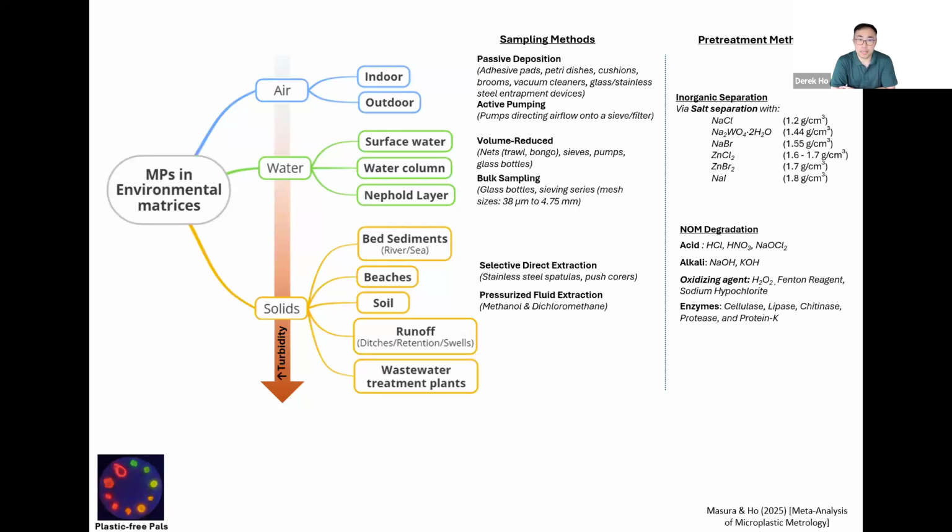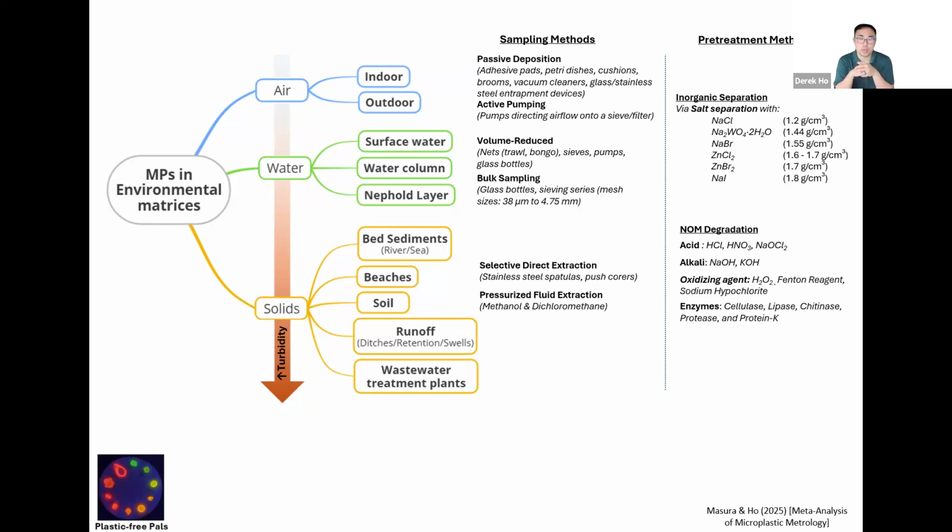For air sampling, we could either do it indoor or outdoor and get it through passive deposition, wiping it off surfaces, or through using active pumps, which suck air through a filter and collect it on a sieve. For water samples, we could either get the surface waters, explore microplastics in the water column, the depth, or the nepheloid layer, which is all the way at the bottom.